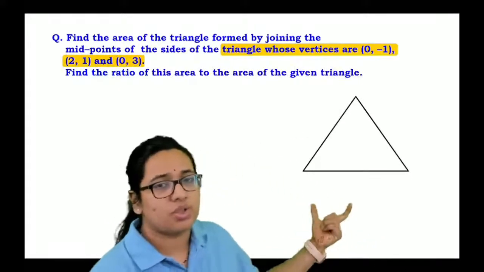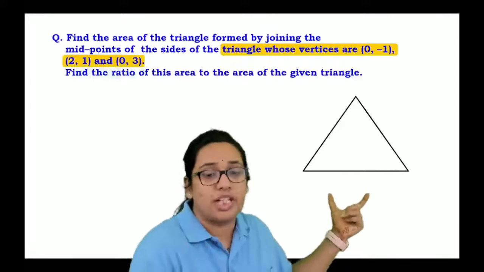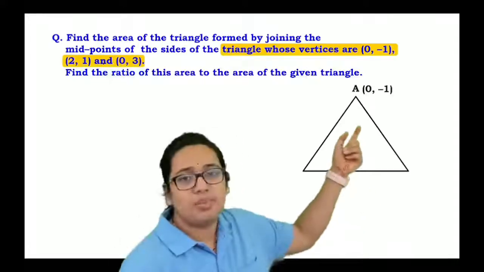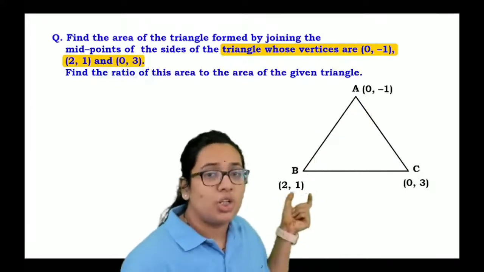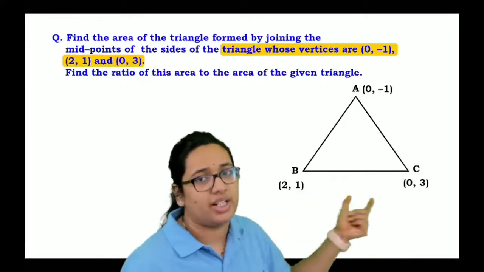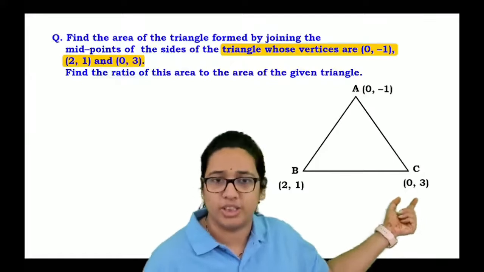We'll draw a rough diagram for the given triangle. Suppose it is ABC such that the coordinates of A are (0, -1), of B are (2, 1) and of C are (0, 3).